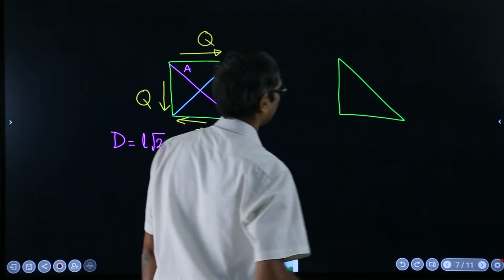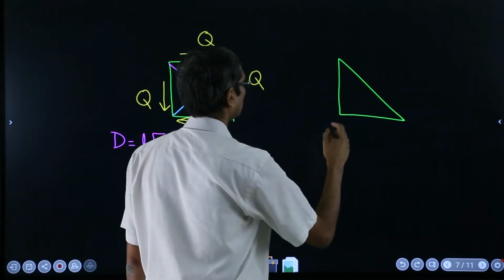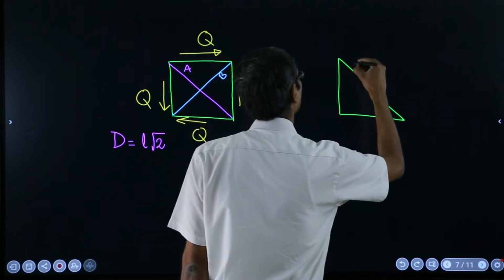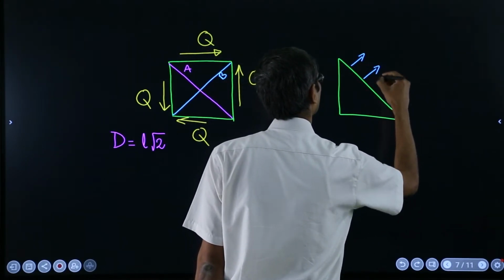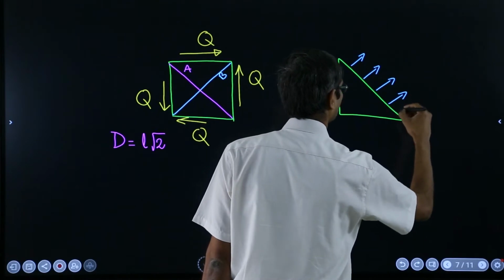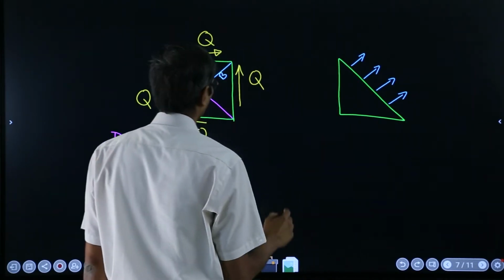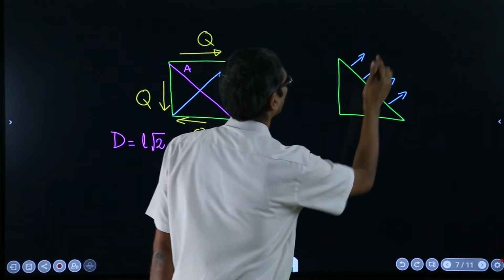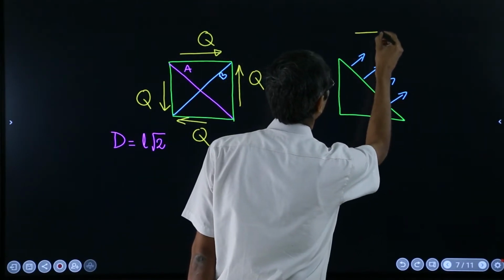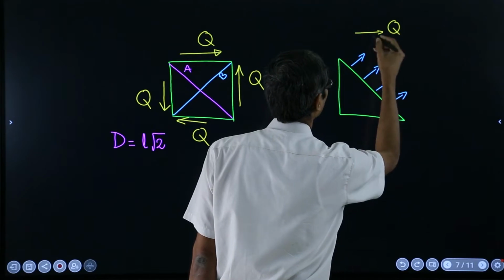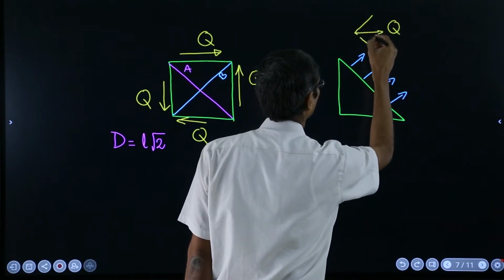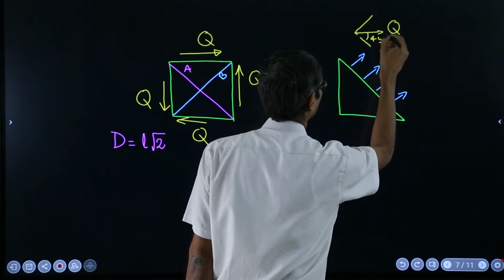This is the kind of block on which we are looking at the forces, the stresses, and let me draw even the Q's here. So, the Q was acting like this. Now this angle and this angle all are 45 degrees.